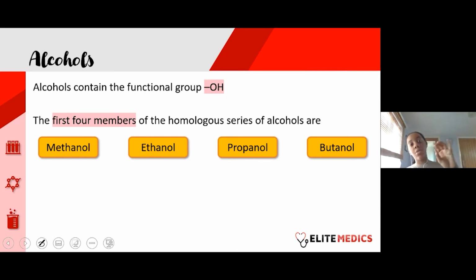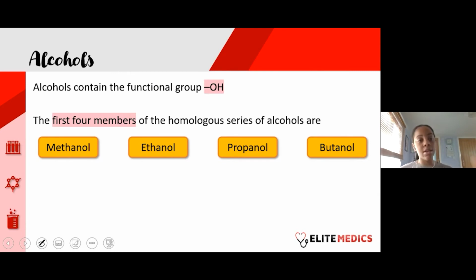So we saw that when I was first explaining alkanes and alkenes, right? The whole idea is that when a molecule is in a particular group, so if you have a molecule that's an alkane, or if you have a molecule that's an alkene, they follow a similar structure, okay, which is why they're grouped together. Same thing for alcohols, okay?